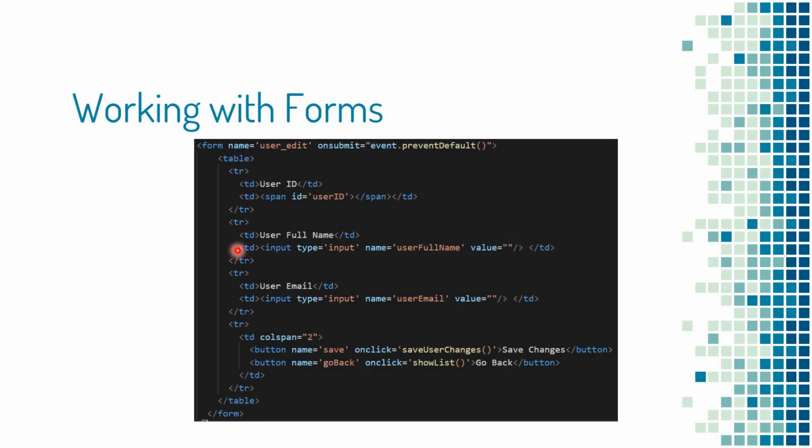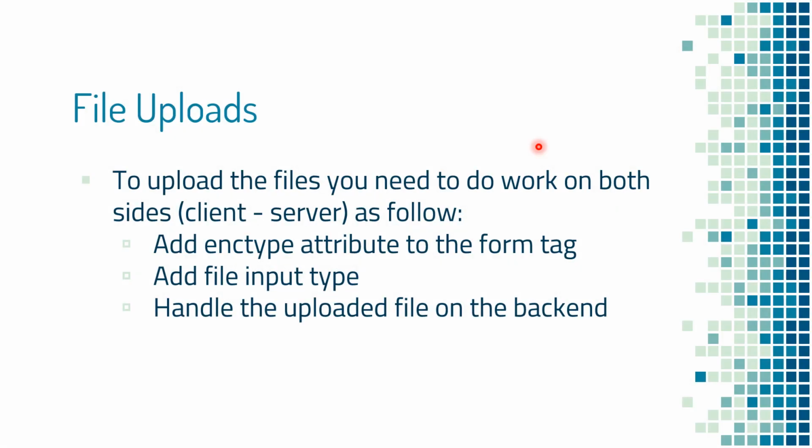But one thing here, as you can see in this form, you will add one attribute, which is enctype, and there are three main values that may be assigned to this attribute. But the main one is multipart/form-data.